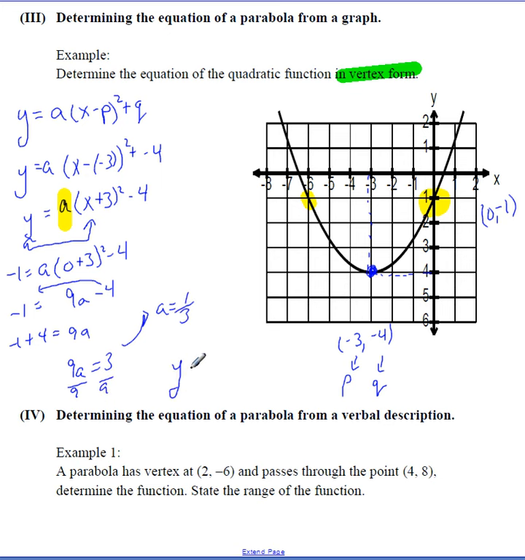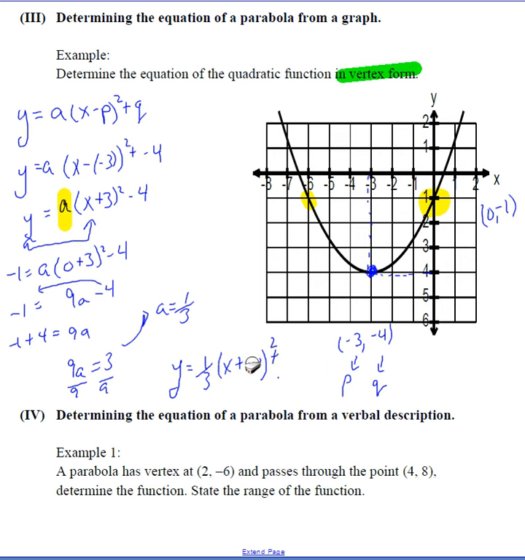So the equation should be y = 1/3 (x plus p) squared plus q. You don't know what values these might have. Well, in this case we do. Ordinarily you would leave that out.